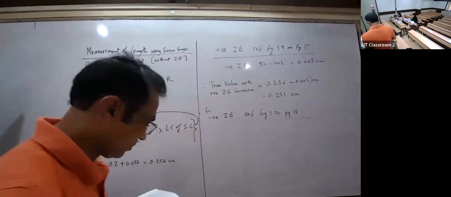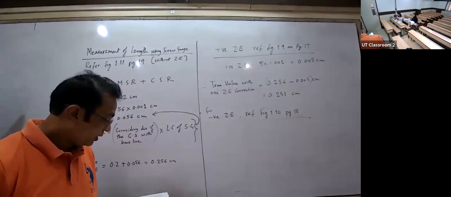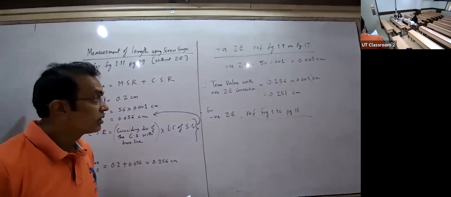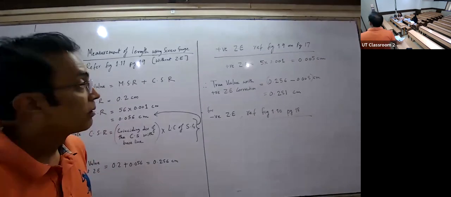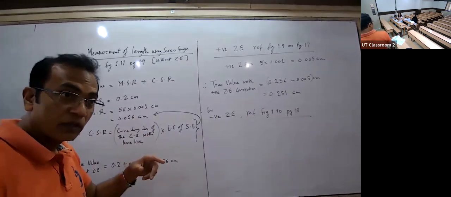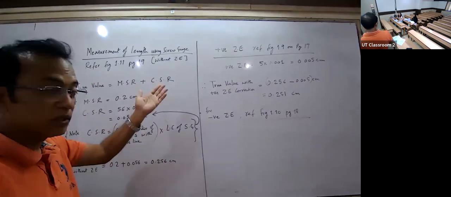For this one, it is showing 95. Now see how to decide whether zero error is positive or negative. When the zero is below the baseline, then it is showing some length that is positive. When the zero is above the baseline, right?